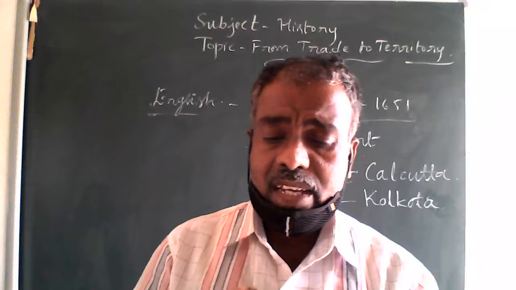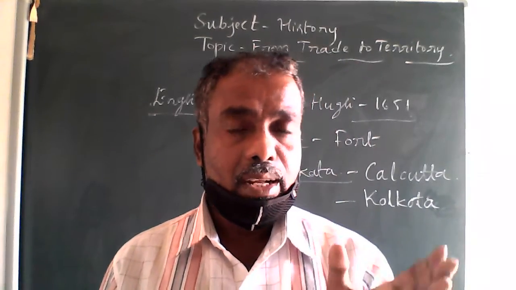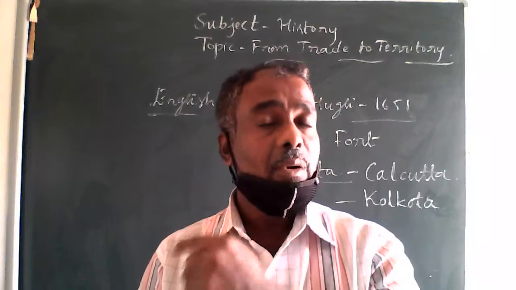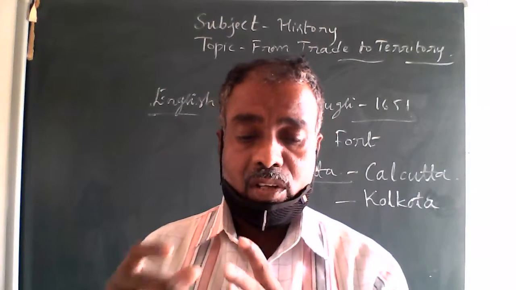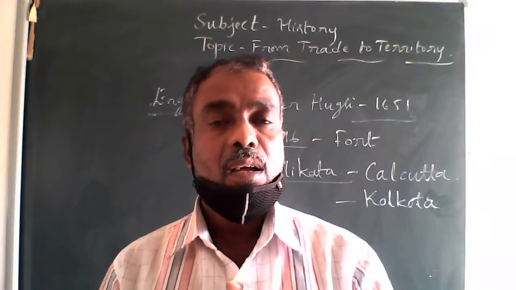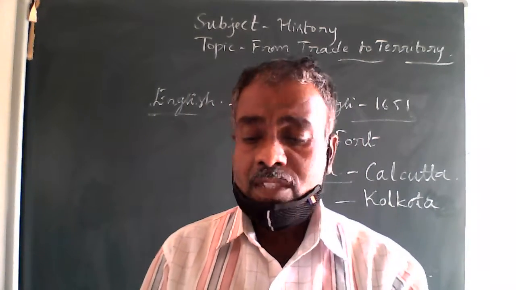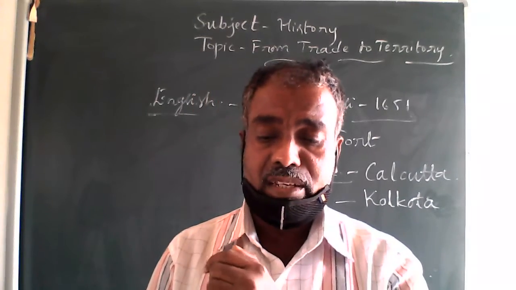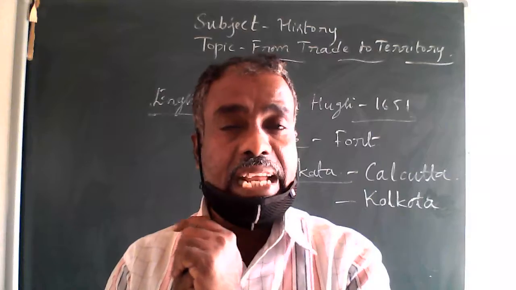This they refused to pay. The company officials refused to pay duty on their private trade, causing an enormous loss of revenue for Bengal. As a result, the revenue of Bengal was reduced, a great loss.